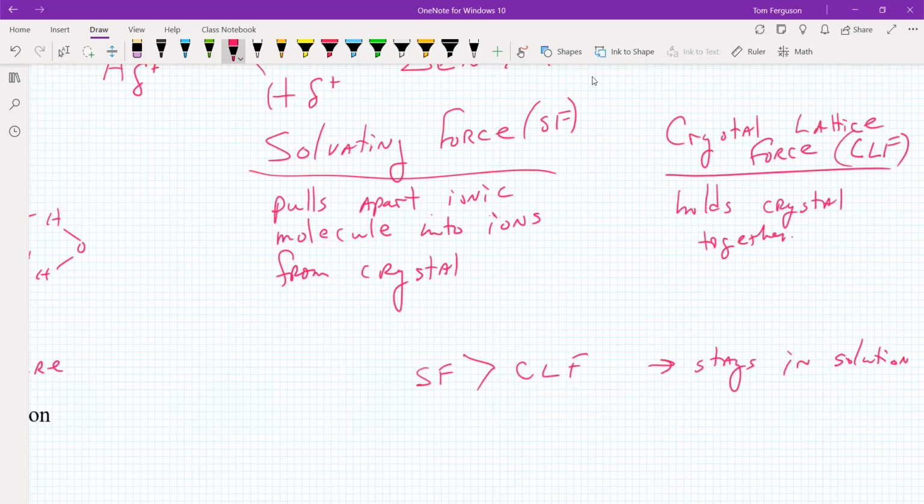If the crystal lattice force is greater than the solvating force, a solid forms.